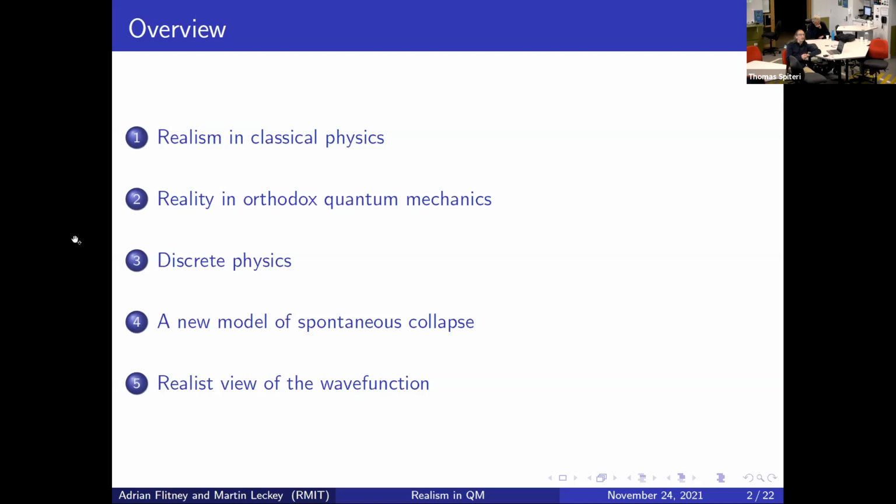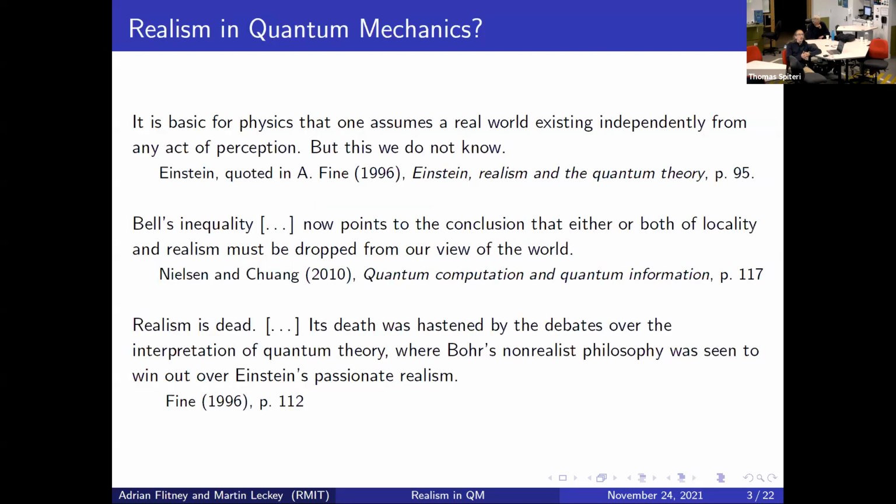Next slide. These are just some quotes about realism and quantum mechanics. Einstein, of course, was well known as a realist: "It is a basis for physics that one assumes a real world existing independently from any act of perception. But this we do not know."